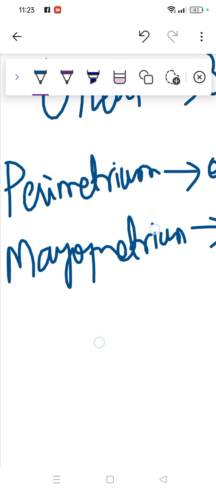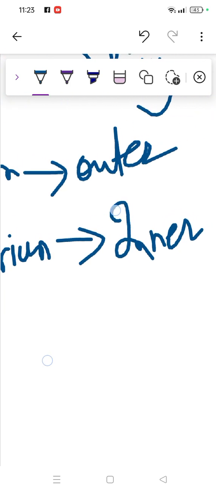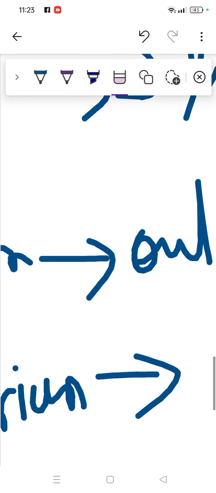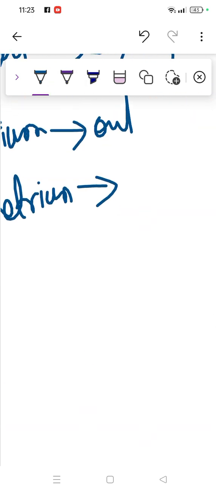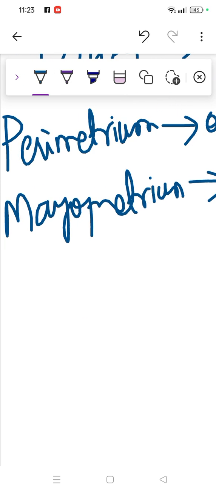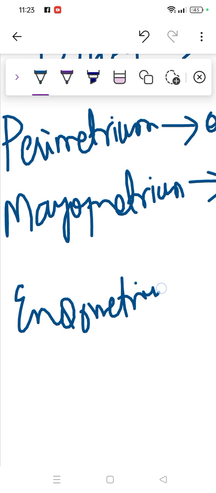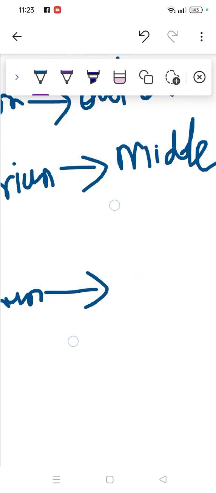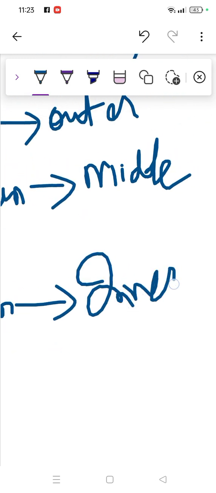And the third one is the endometrium, which is the innermost. So I'm sure it's clear to you.